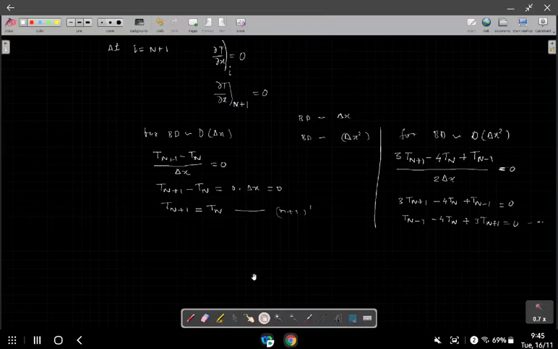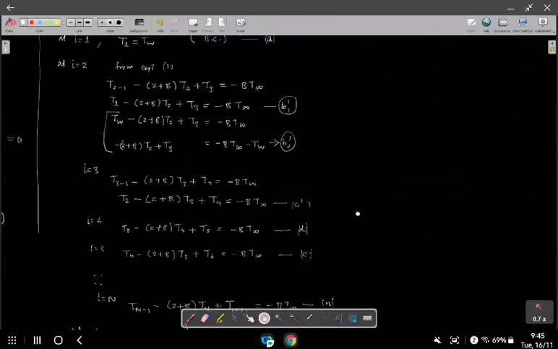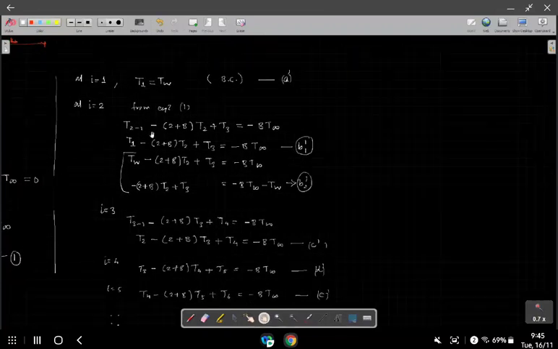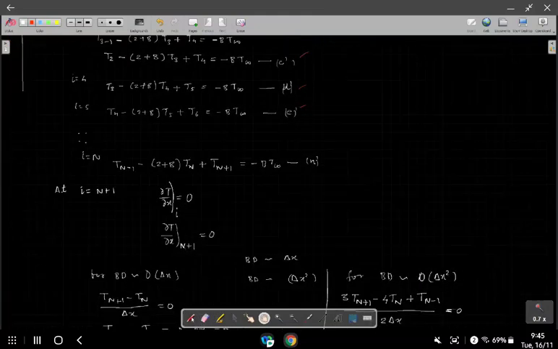Now, if you see all these equations, I can combine them. I can start with this equation a prime, then b1 prime, and all other equations along with this third equation.